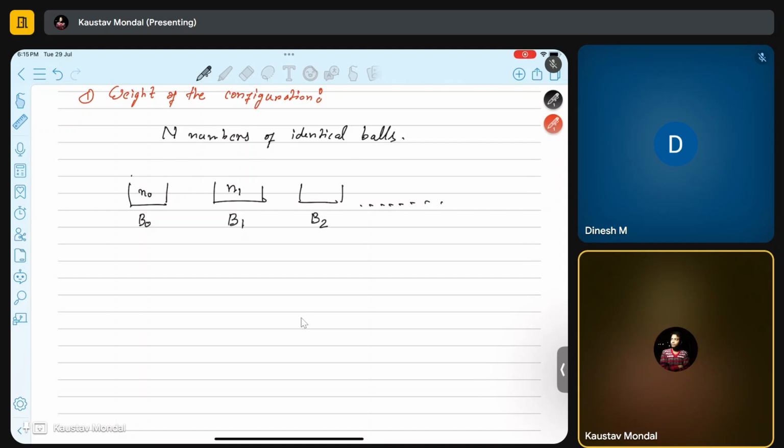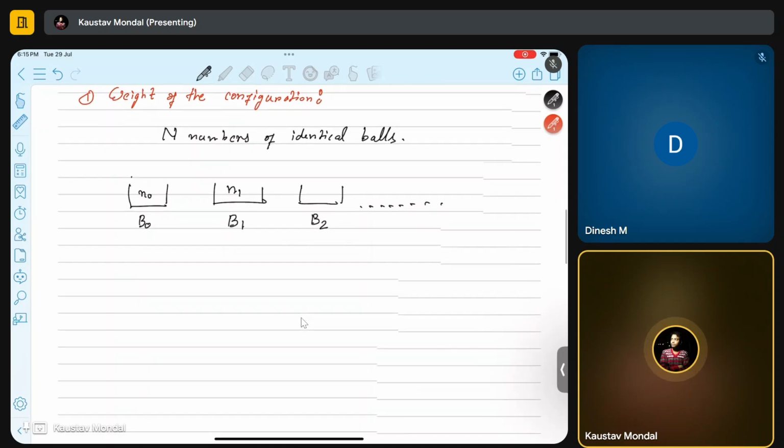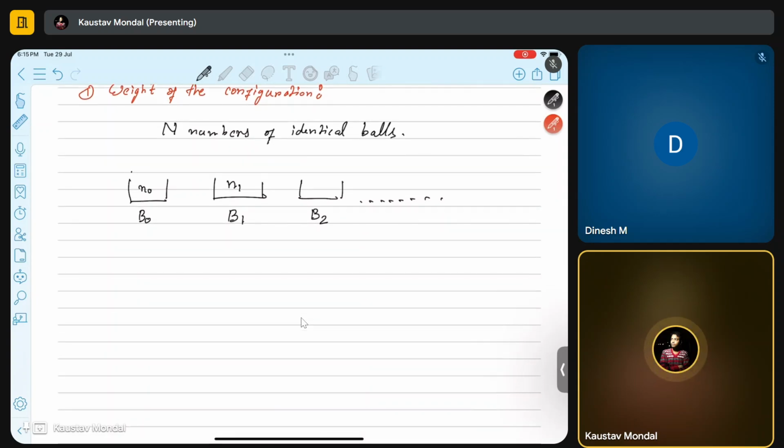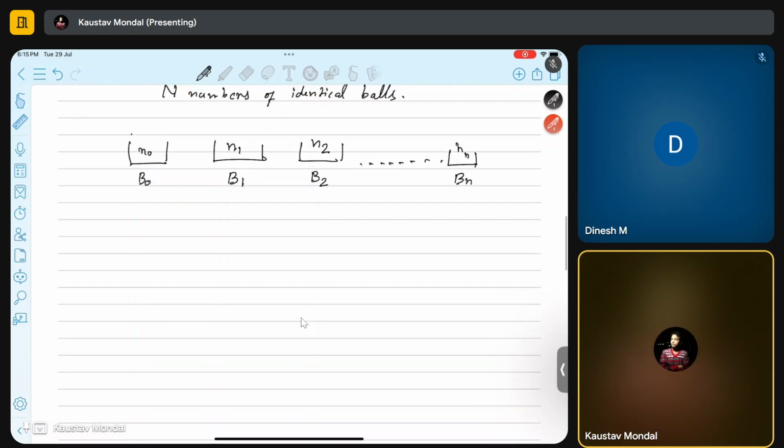So n0 molecules in box 0, n1 molecules in box 1, n2 molecules in box 2, similarly up to box n, which has nn molecules. So n0 plus n1 plus up to nn is equal to N. This is a constant in the system, so the total number of molecules is fixed.